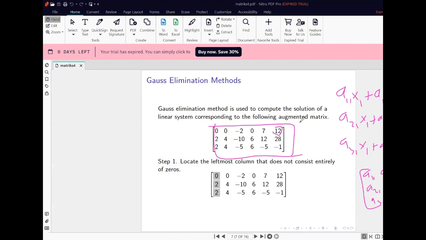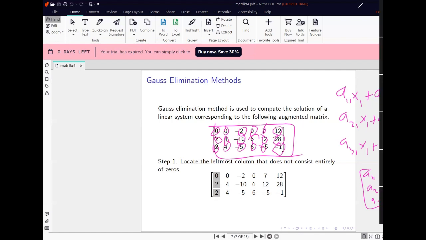This is the B1, this is the B2, and this is the B3. So how many variables in this augmented matrix? Anyone?